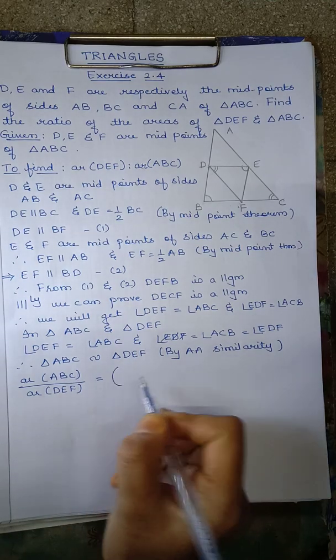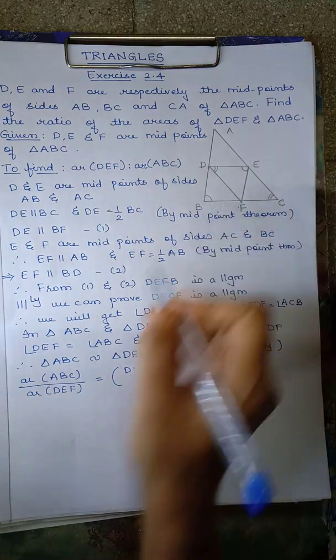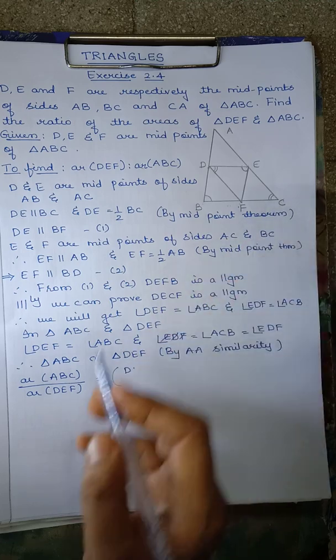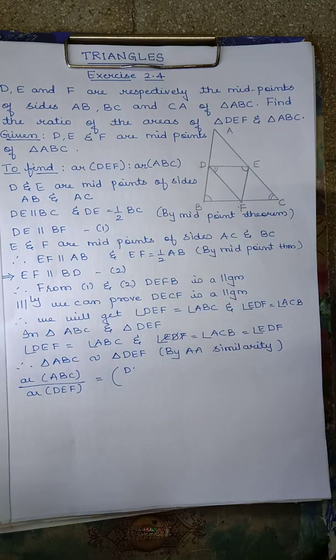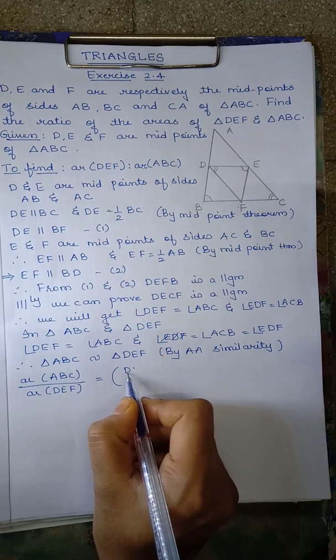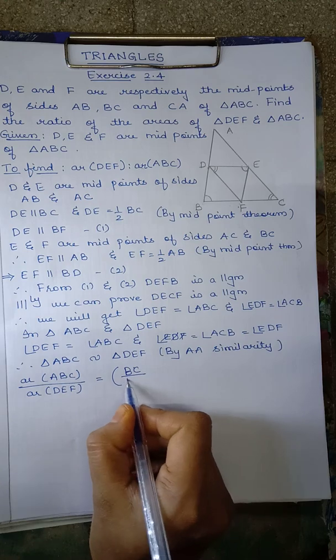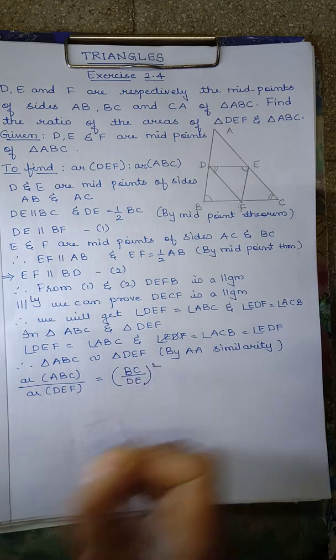So we will take the sides. DE corresponds to BC. Now firstly we have written ABC, so take the side of ABC triangle, that is BC. BC corresponds to DE of triangle DEF whole raised to square.